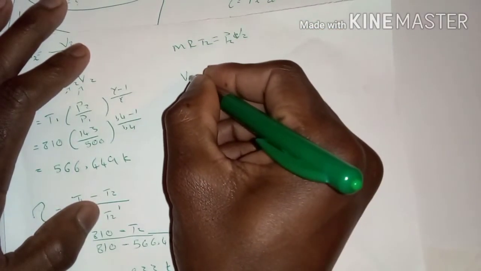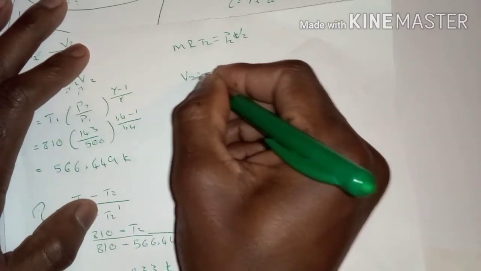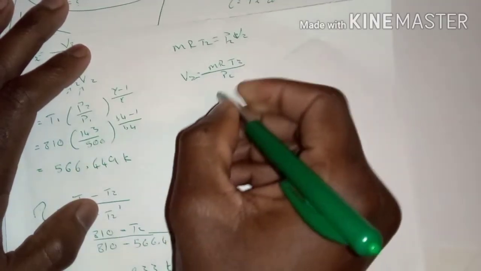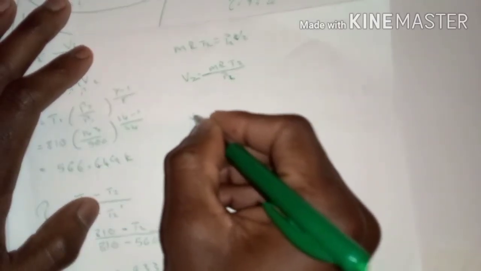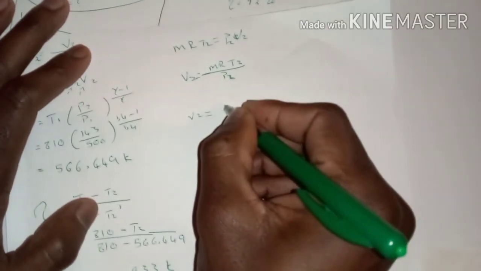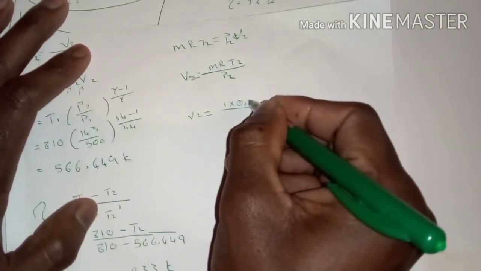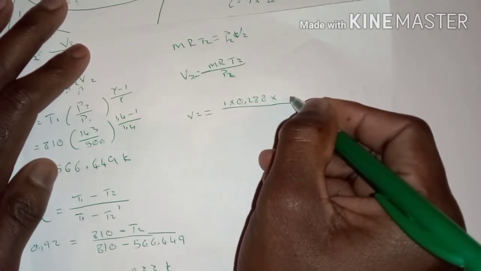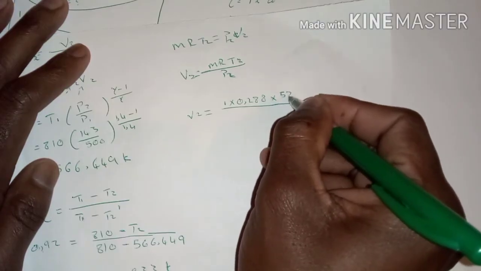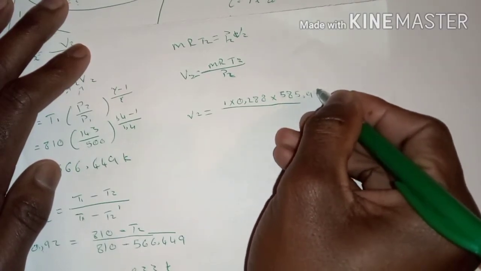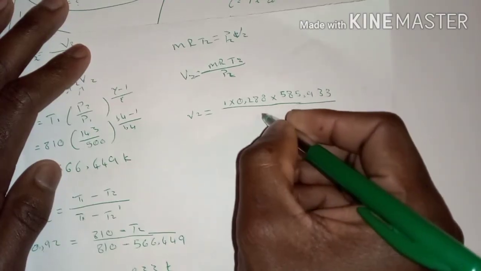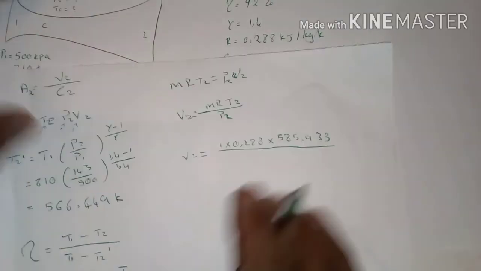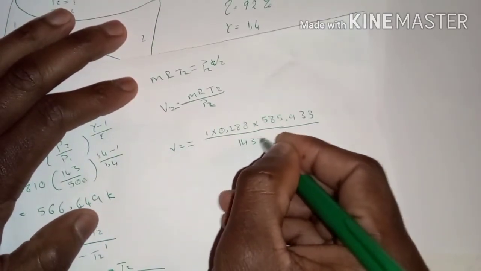We're looking for V. It's MRT divided by P. V2 is 1 times 0.288 times temperature number 2, which is 585.933, and then pressure number 2, which is 143 kilopascal.